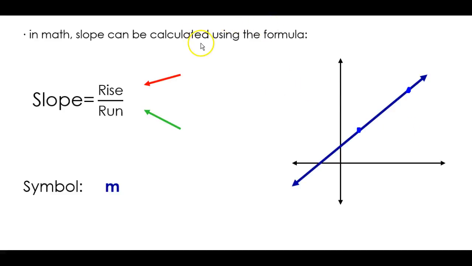So I know that to get from point A on that line, so let's just call this point A, and to get to point B, and we're going to call this second point, point B on the line, I know that in order to get from point A to point B, I would have had to travel a certain distance horizontally, and that's actually what we call the run.